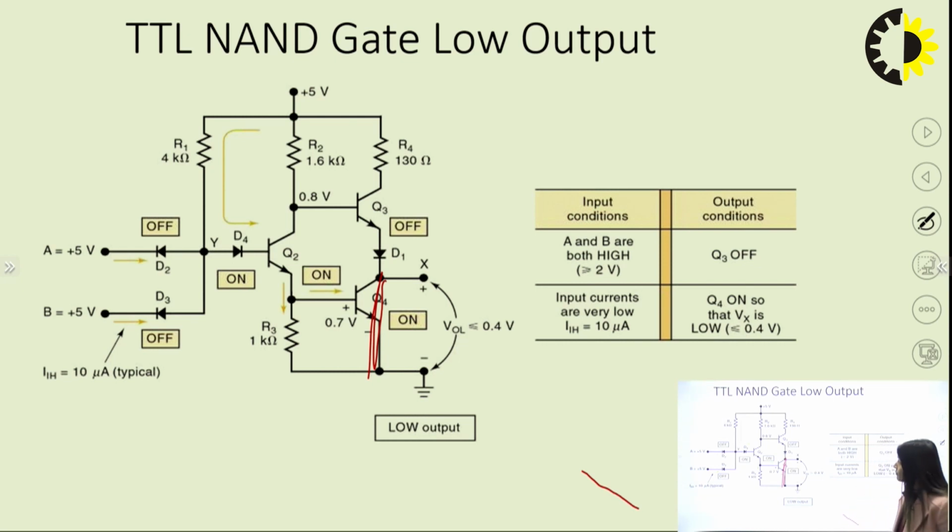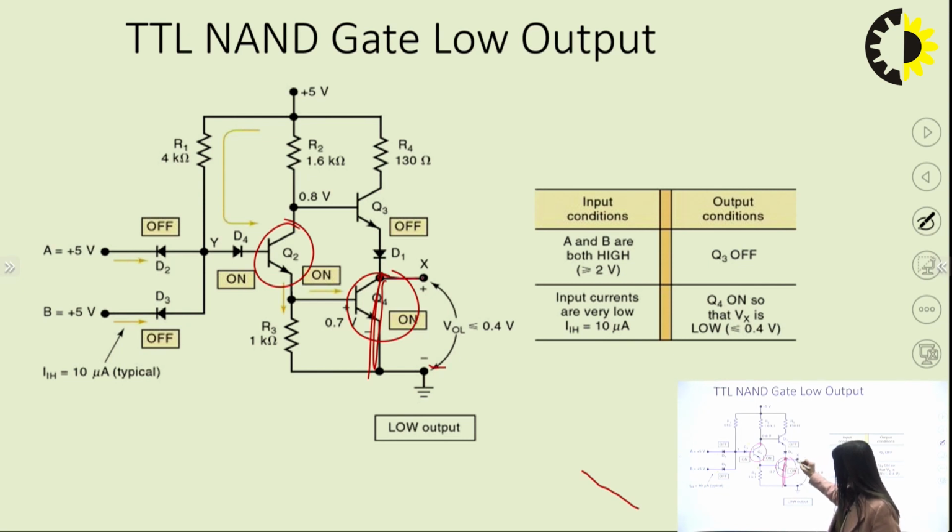Right. Similarly, if let's say Q2 is off, for some reason this Q2 becomes off, then Q4 is off, and if it is off, then it will be open circuit, and all the voltage which we have applied as plus VDD, that will appear across the output voltage between the output node and the ground.